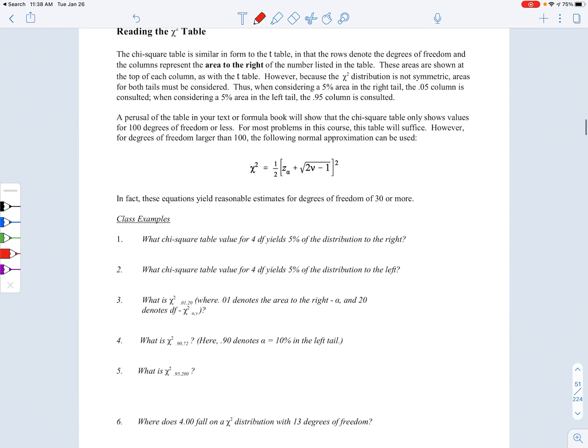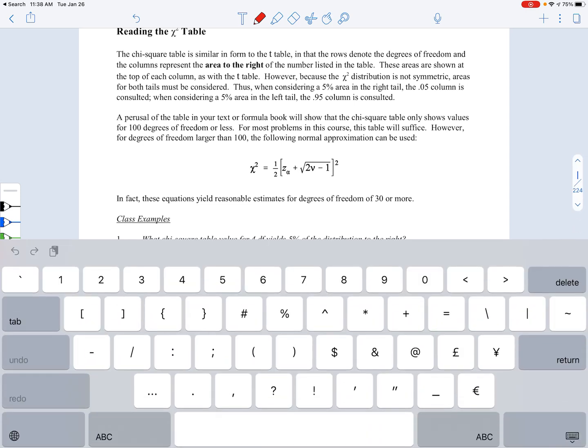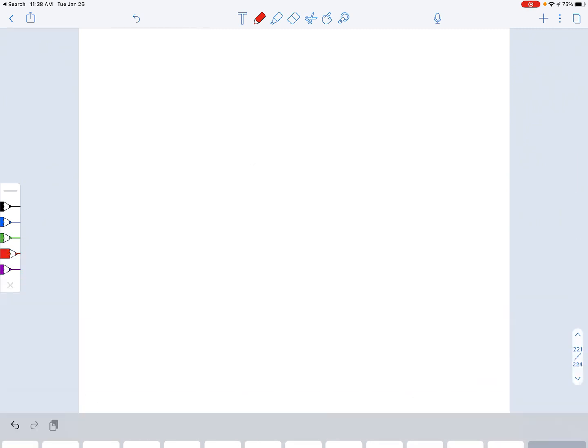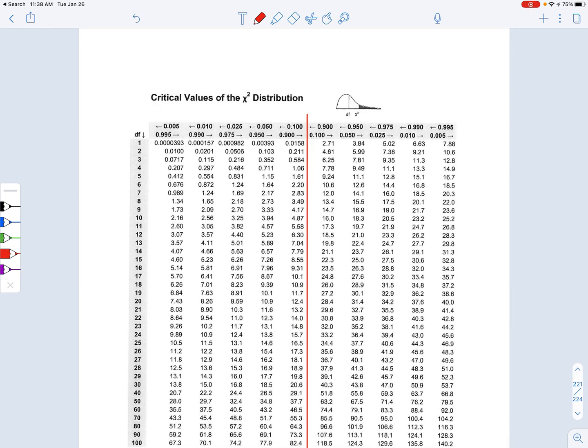All right, let's take a look at how we read the table now. And so this is a new distribution, so there's a new table that goes with it. So let's see, I'm on page 51 right now. I'm going to jump to page 221, which is right at the end of your manual here. And here's the chi-square distribution.